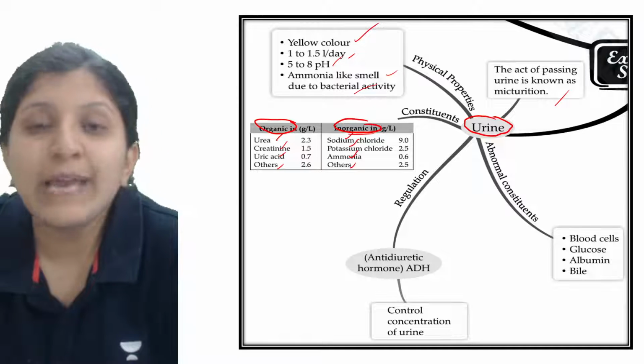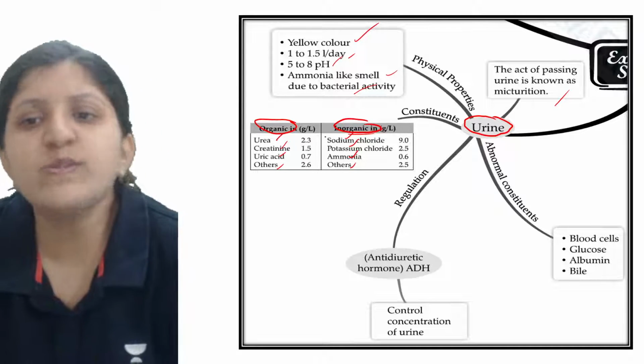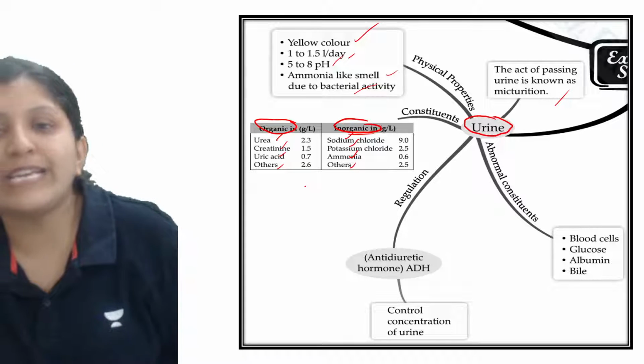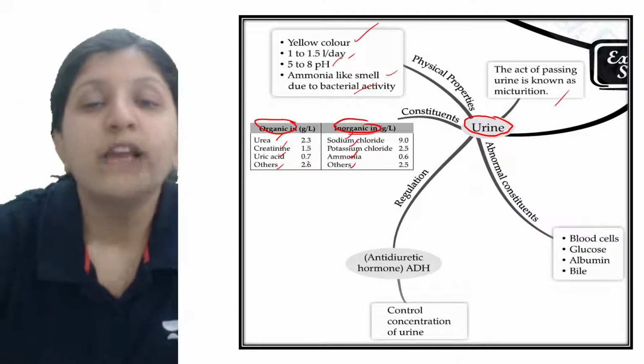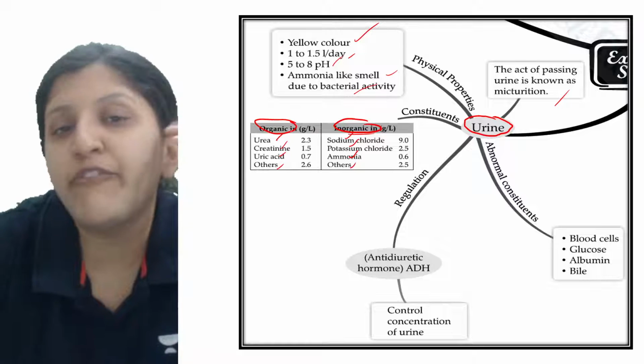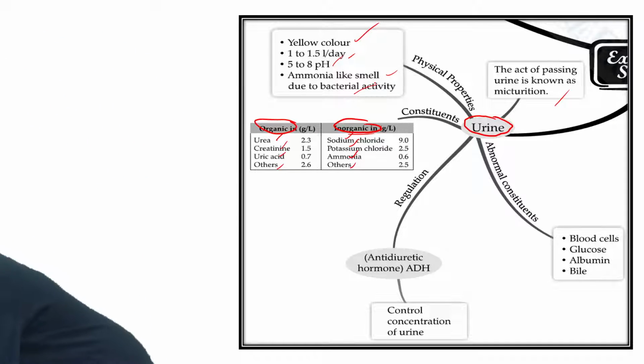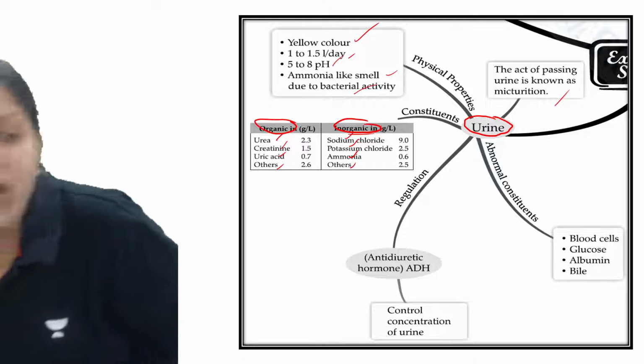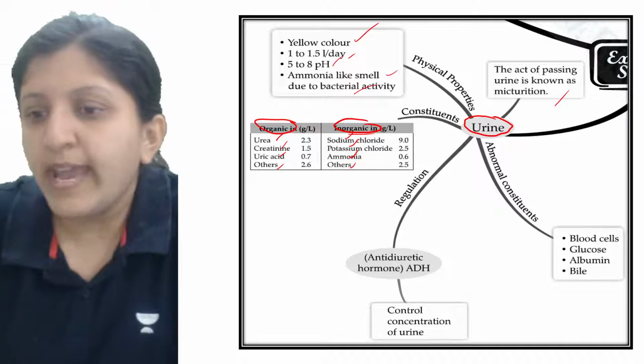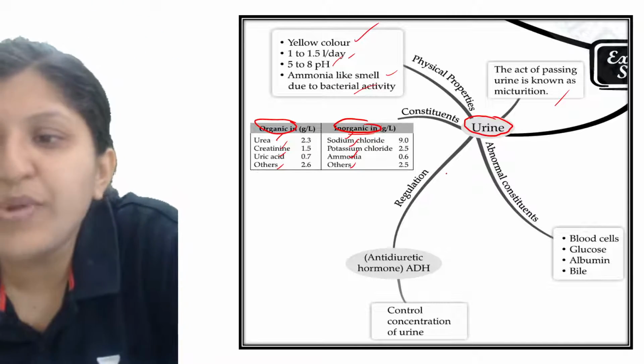Depending on the type of diet you have consumed there can be slight variation, but the urine will have both organic and inorganic constituents.